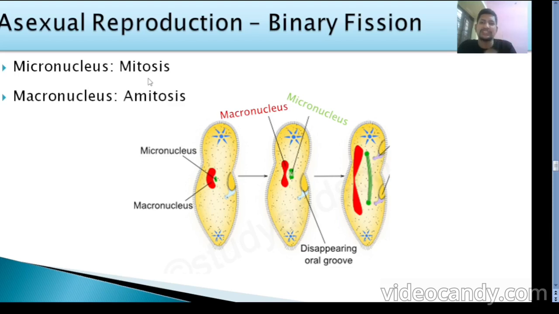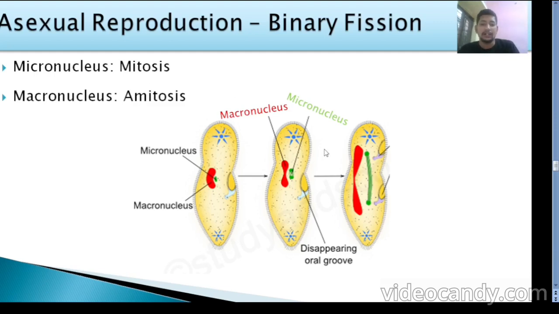You know that mitosis is a type of cell division where two daughter cells are formed and chromosomes are equally distributed. Whereas the macronucleus undergoes amitosis. Amitosis is also a type of cell division where the chromosomes are not equally distributed. Of course, it gives two daughter cells, but the chromosomal segregation is random in amitosis.